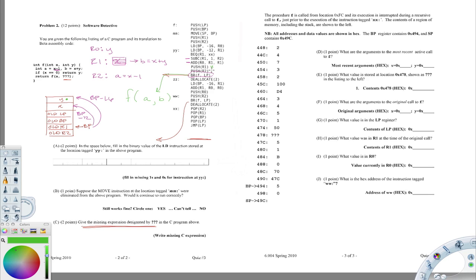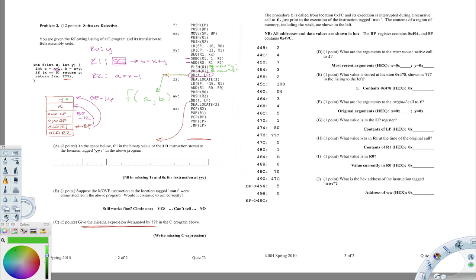B goes here, and a, sorry, the new y. The new y and the new x for the recursive calls, based on what was in these registers, are going to be equal to a and b.